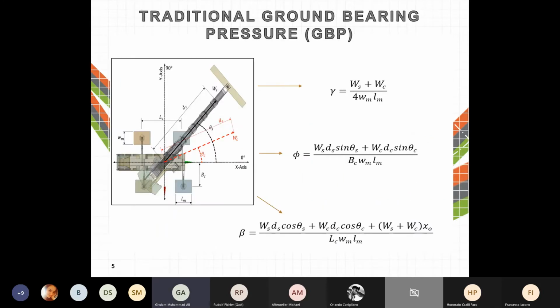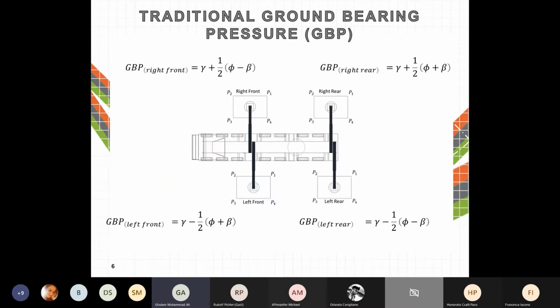So how we used to calculate this ground bearing pressure was that we use these three factors to calculate the forces, and these are the equations which we use to calculate the forces under each outrigger.